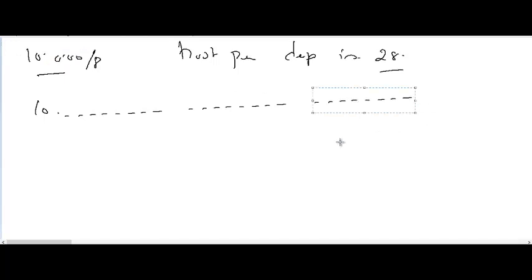10.0.0. You need to increment here because it's host. 32. 10.0.0.32/27, then 10.0.0.64/27. How 27?